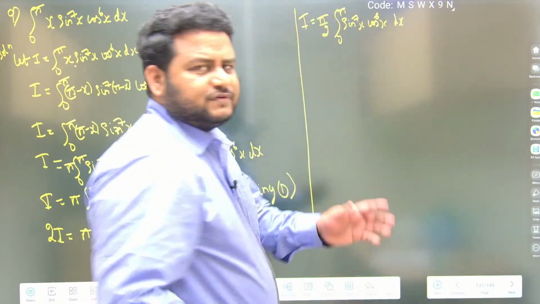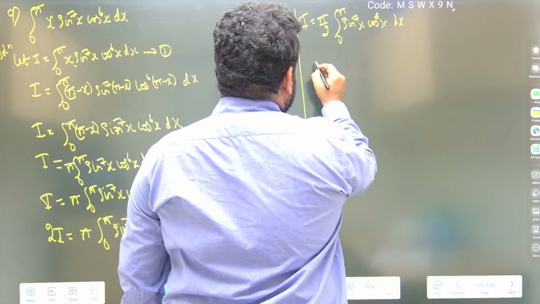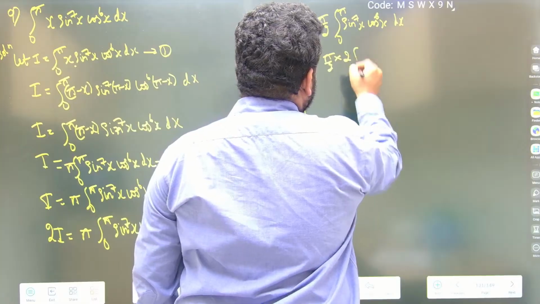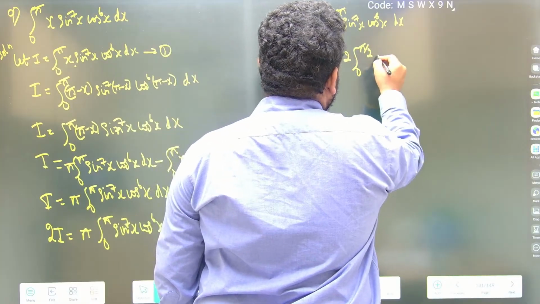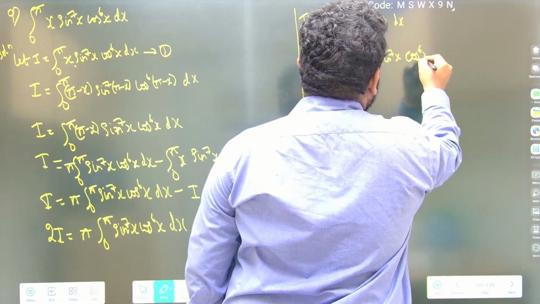Now I will use one very important result, friends. I can write this as pi by 2 into 2 times integral from 0 to pi by 2 of sin power 7x into cos power 6x dx.